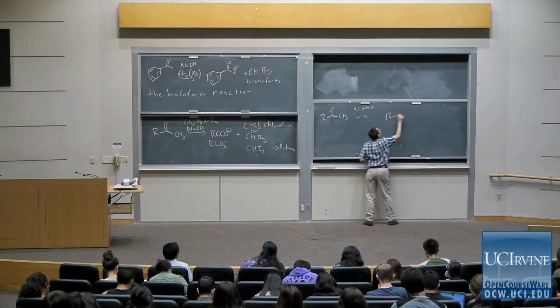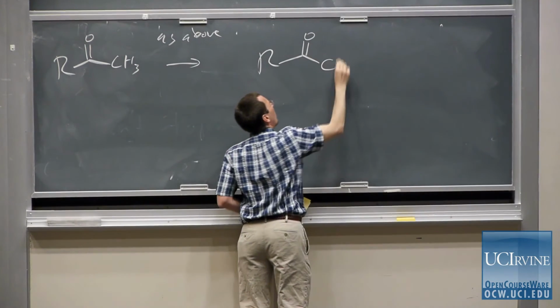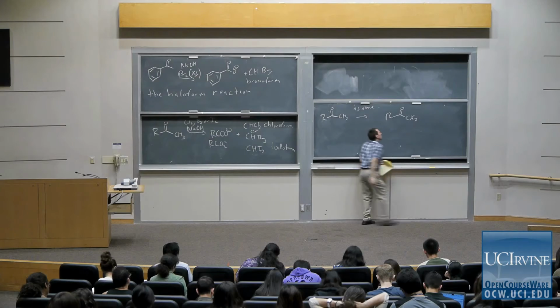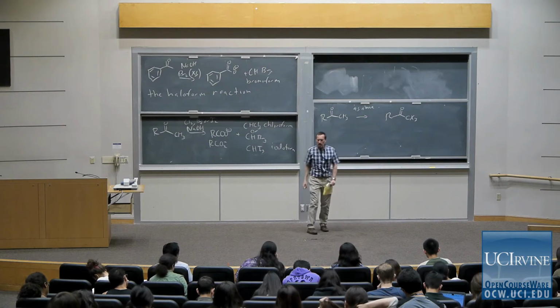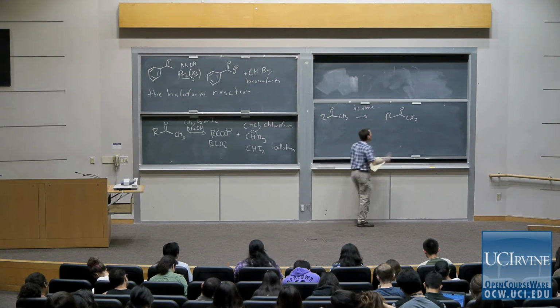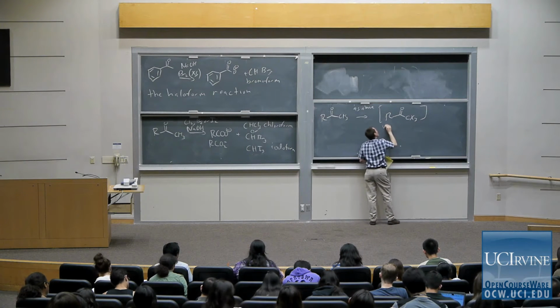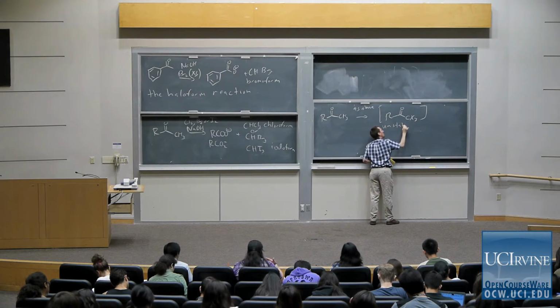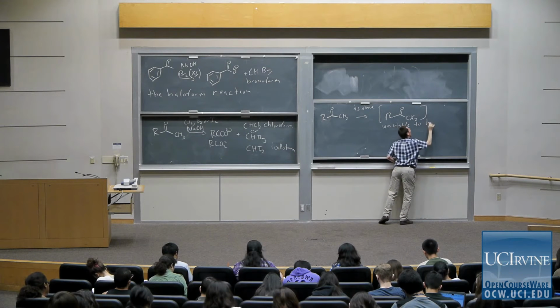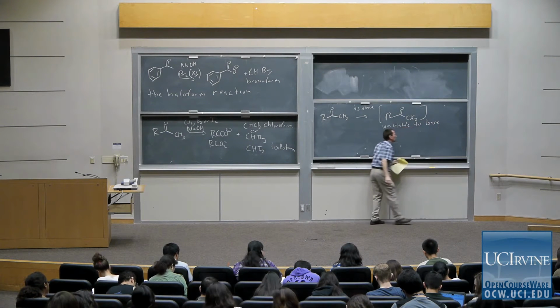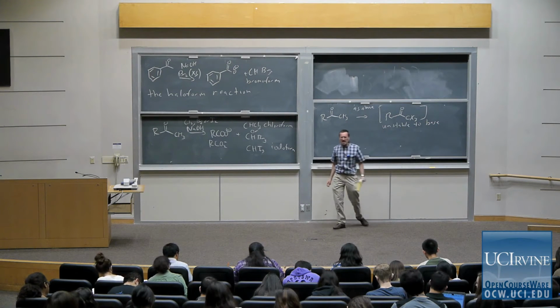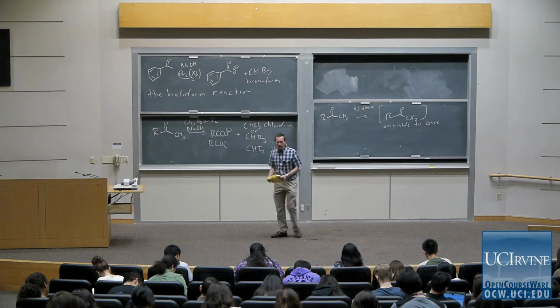And so at this point, we have the trihalomethyl ketone. And this is unstable to base. And that's really the key. It's unstable under the reaction conditions.